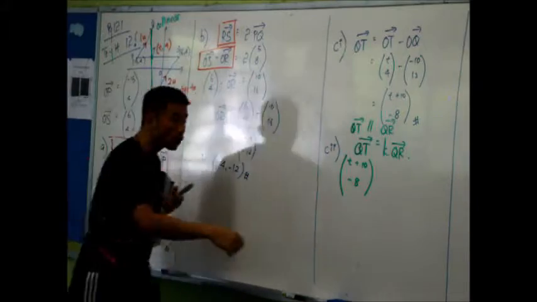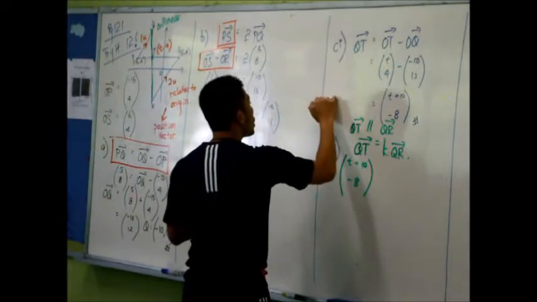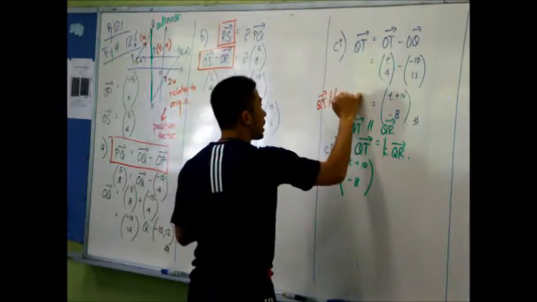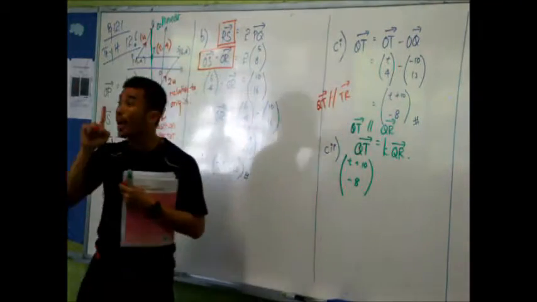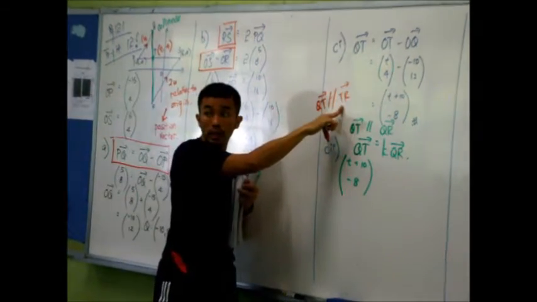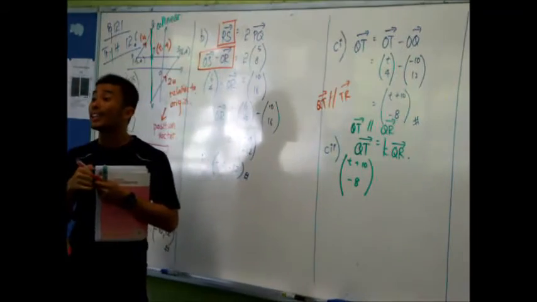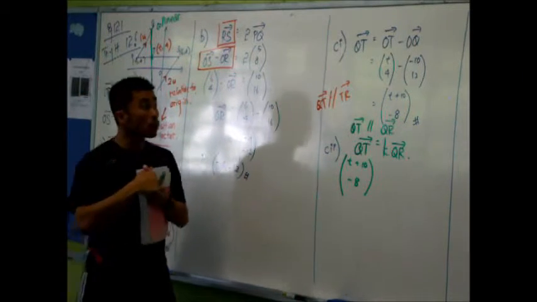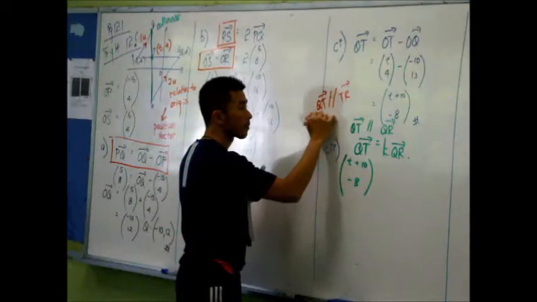But it's not wrong to say that QT is parallel to TR. You will still get the same answer. But the thing is there's an unknown T here, there's an unknown T here. Okay, so when we do our solving, it's slightly more difficult. Slightly longer, that's all. But you're not wrong to say that, you can still do this.